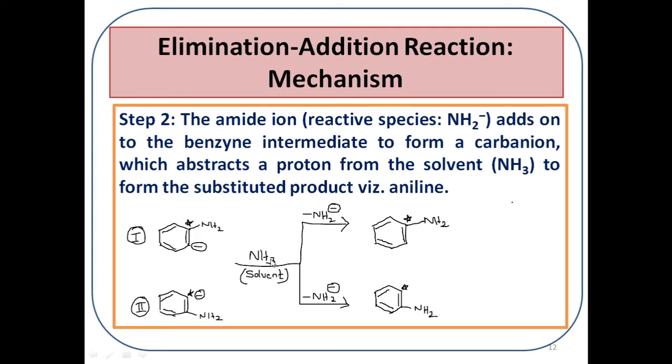Here a proton will be abstracted from the solvent ammonia and NH2 will be removed, and so we will get the substituted product, namely aniline. And here we can see that NH2 can occupy either that carbon atom where Cl was originally present, and also with equal probability NH2 can occupy the ortho position to that carbon atom where chlorine was initially attached.